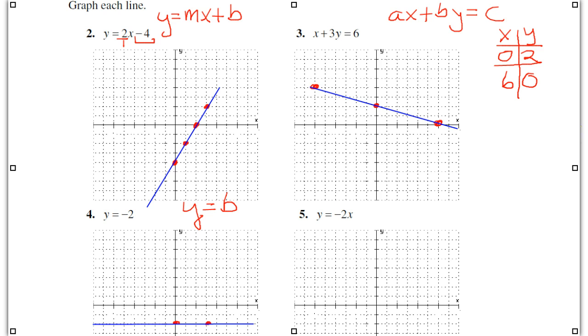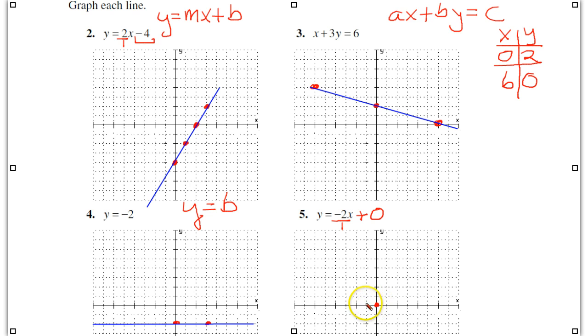Now for number 5, as we look at that, again it's in slope-intercept form, but there is no b value out here. When there's no b value, b is a 0. So this is going through the origin at 0. Our slope now is a -2 over 1.